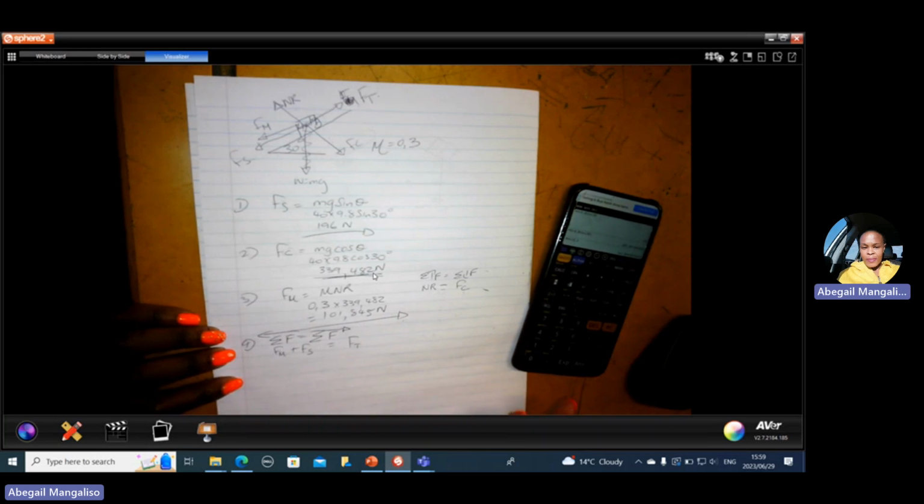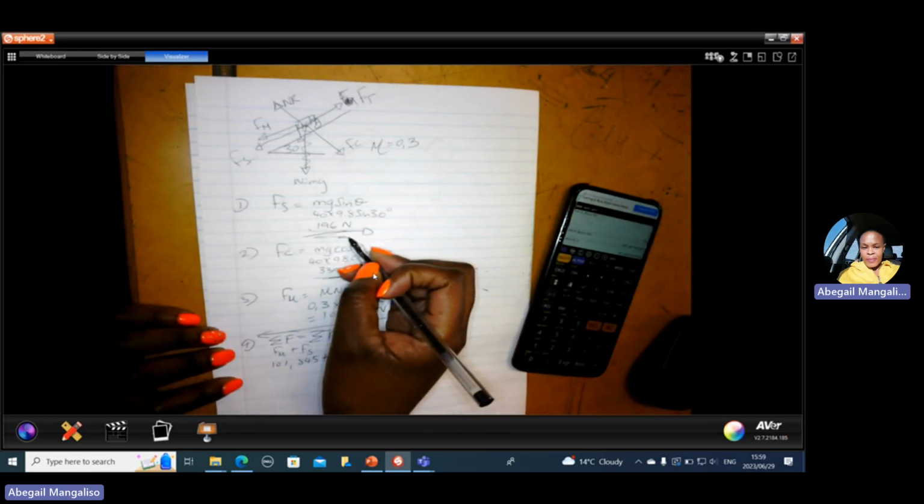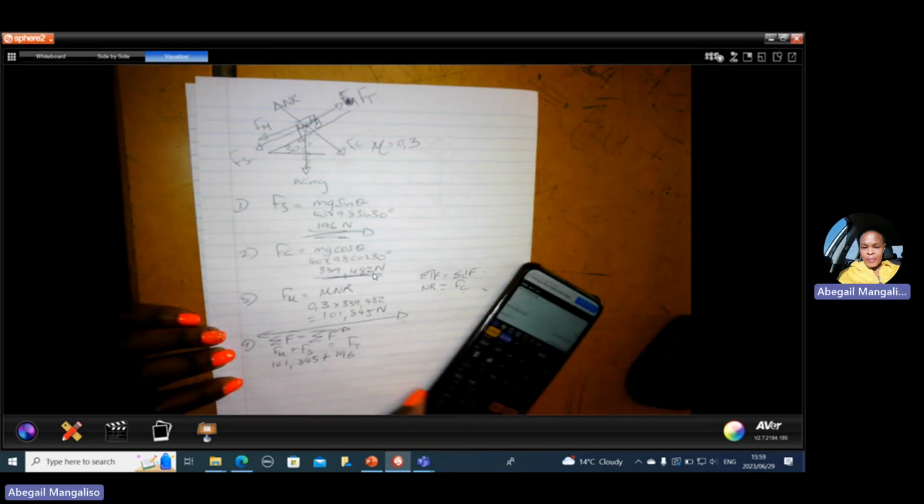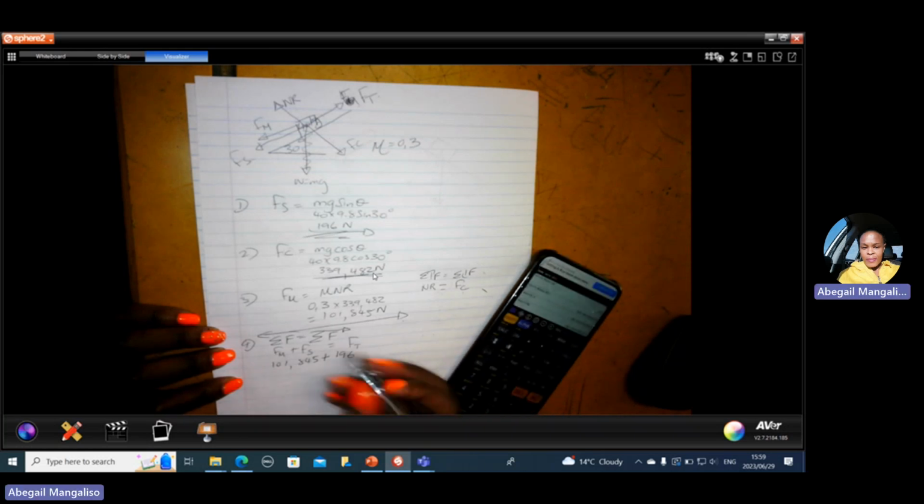So the answer is to add friction and Fs. Friction is 101,845 plus 196, which is the value of Fs. You use your calculator, plus 196. This is 226,553 newtons. This is the answer of Ft.